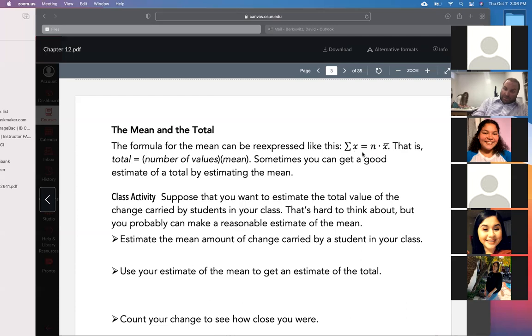Okay, and this actually is extremely useful out there in the world. If I want to know the net wealth of a city, for example, of Los Angeles, how much wealth is in Los Angeles? I can't necessarily go out and look up every single person's wealth and add it all together.